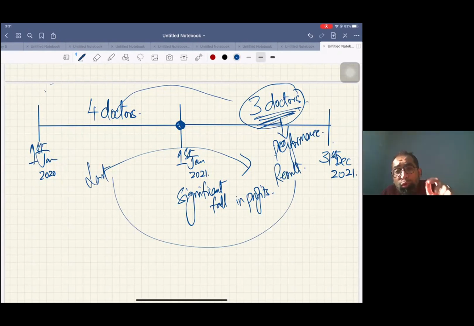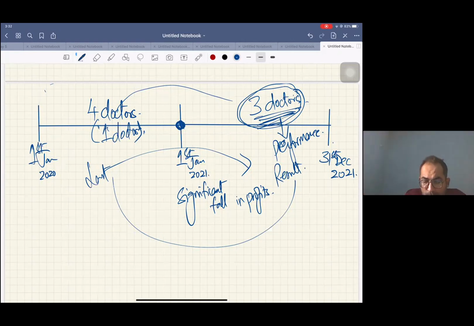So now, open your eyes, the real dialogue I am going to say. If you want to check the real performance of these three doctors, what you do is go to the last year accounts and subtract that one doctor's results. You will eliminate the result of that one doctor who left.